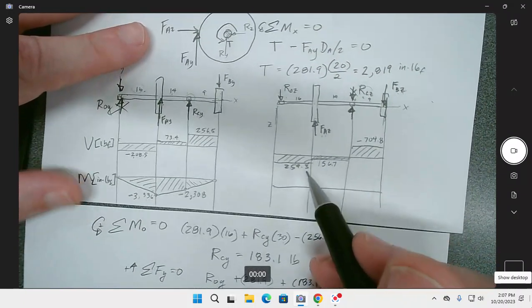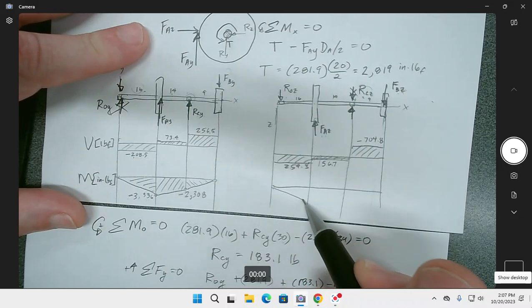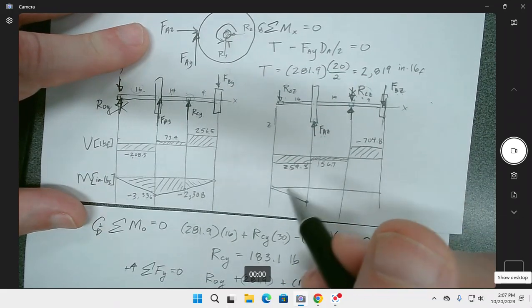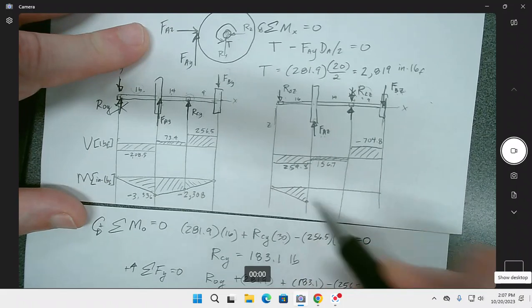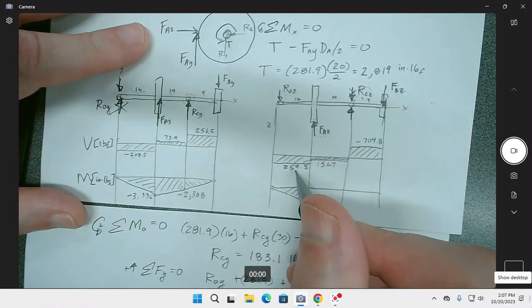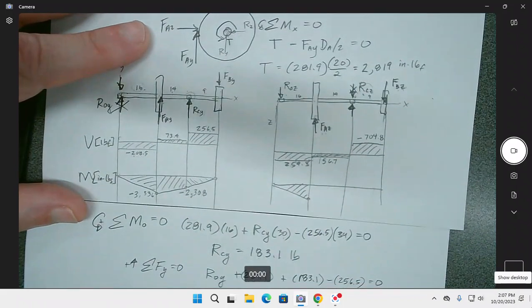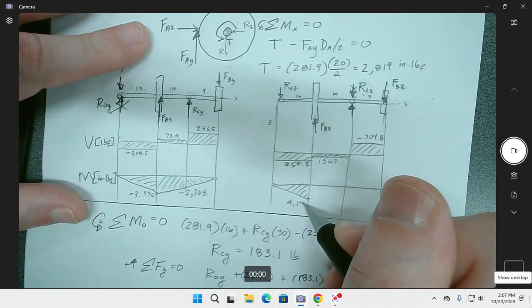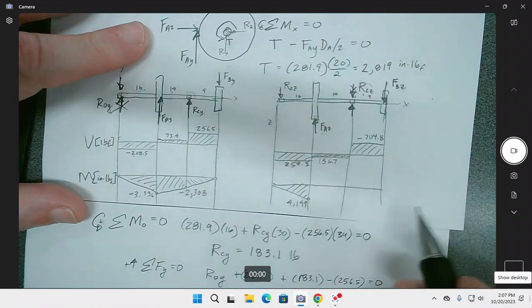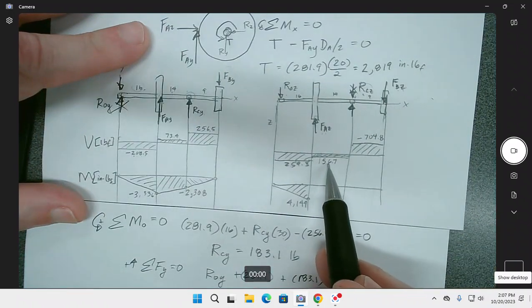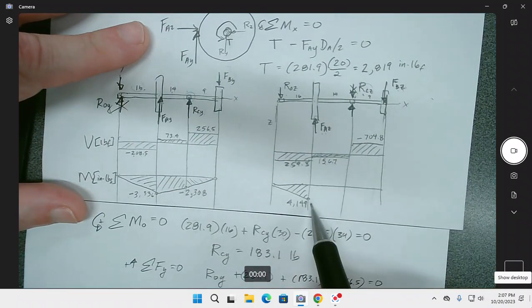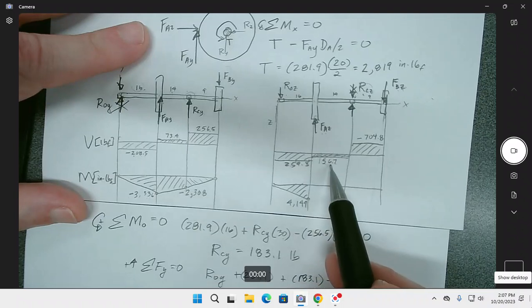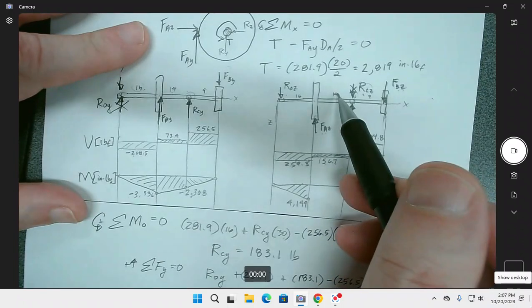And so now, this is going to be up to here. 259.3 times 16 is 4,149. Now we can add 156.7 times 14.